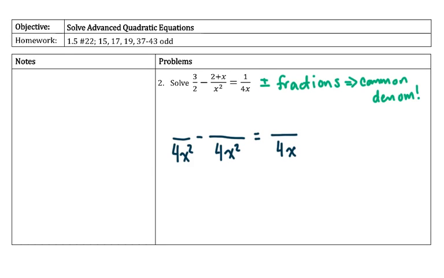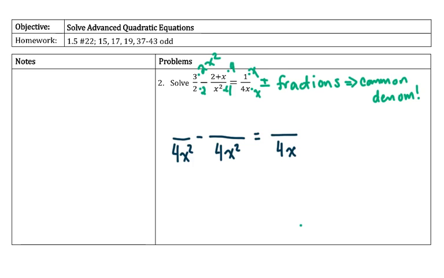Now for the first term, we have 2 in the denominator, so we need to multiply by another 2 and the x squared on both sides. So 2x squared. Here, for the second fraction, we want 4x squared. We have the x squared, so we're going to multiply that by 4. And at the last one, we'll just multiply by x.